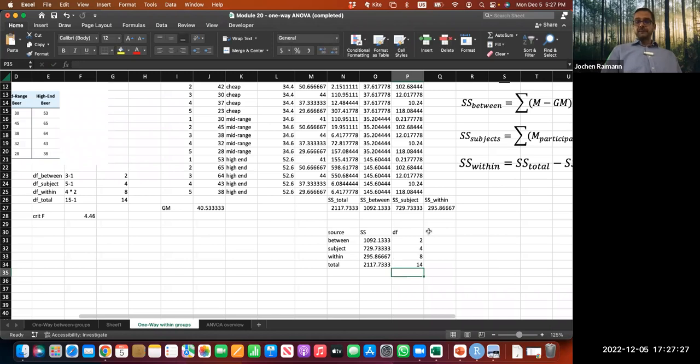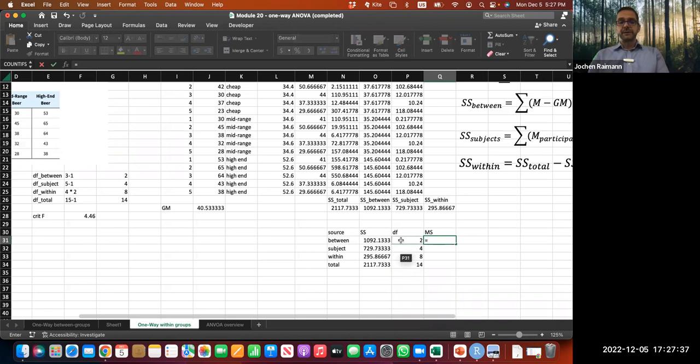And now lastly, we just need to calculate our variance, which is now MS. For the between variance, it's this divided by this.